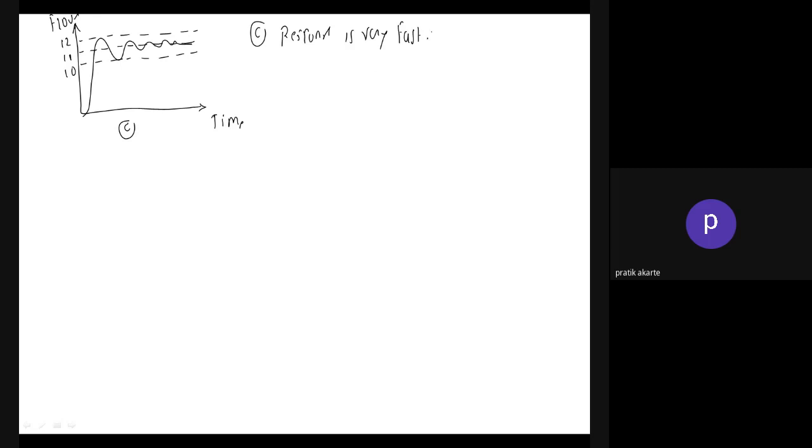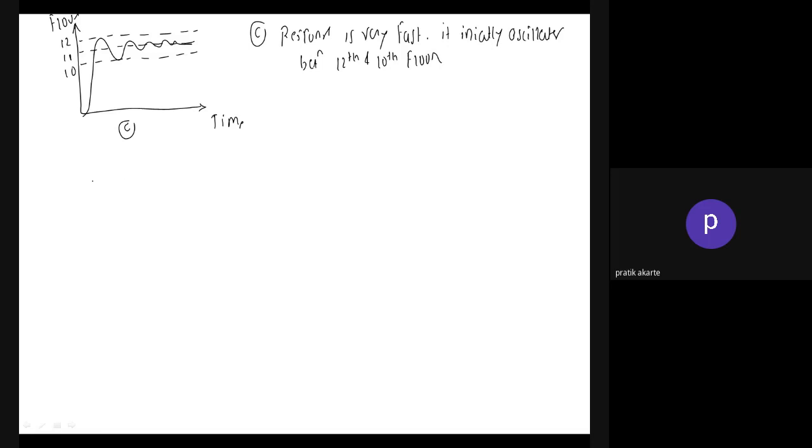So although the response of the system is very fast, it initially oscillates between the 12th and 10th floor, which is again not acceptable.